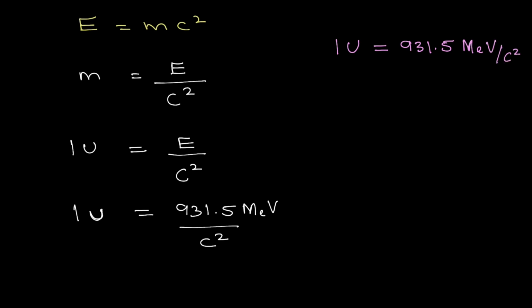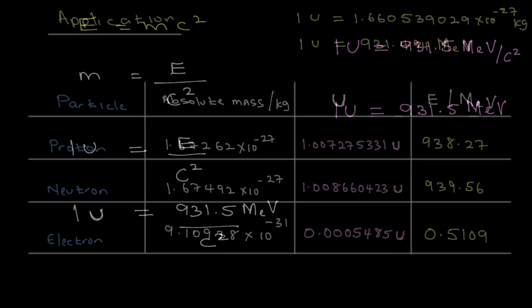That's the mass of 1U, or you might say that's the mass of 1 AMU. But the energy of 1U will be written as 931.5 mega electron volts, because if you multiply the mass by c squared, you cancel that c squared to get the energy value.